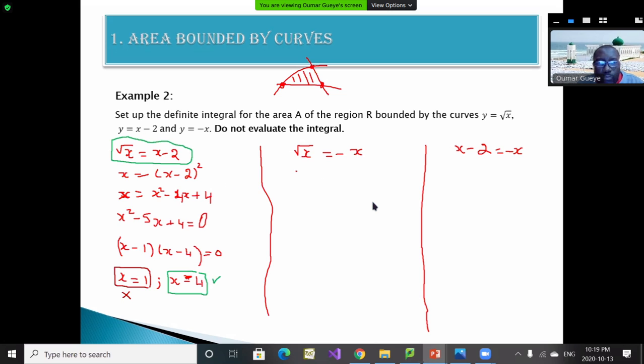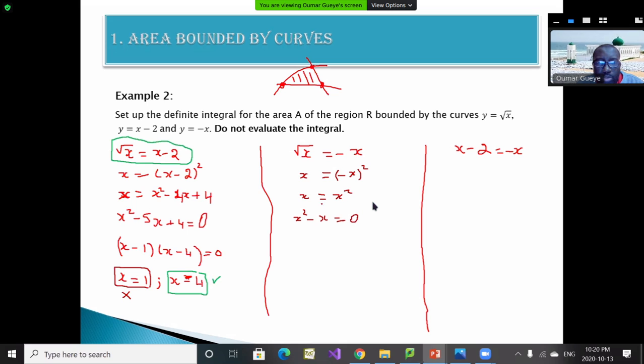All right, from here, again, I'm going to square both sides. I'll get x equal to x squared. So it means x squared minus x equal to 0.